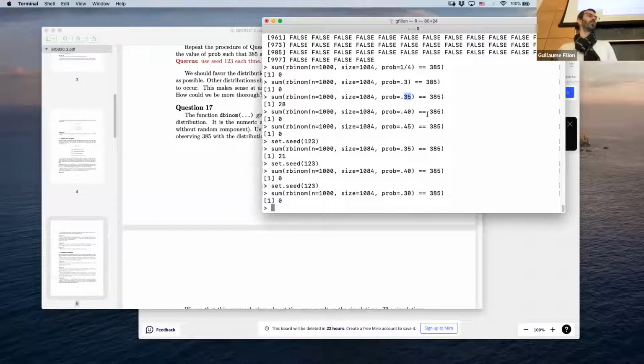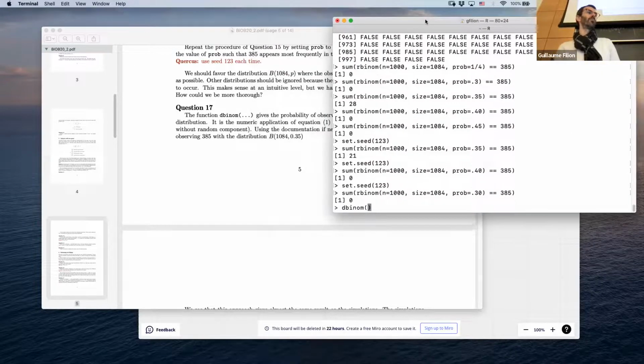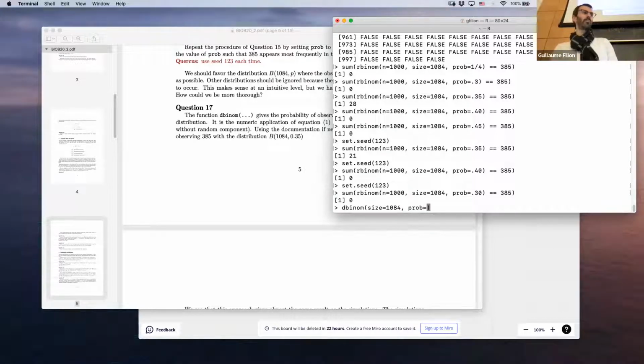Okay, so let's do this very quickly because we have only 3 minutes and then there is a class after, so we have to evacuate relatively fast. You will see, looking at the help page, that dbinom is used very similarly to rbinom. So the size is 1084. The prob is the same, 0.35.